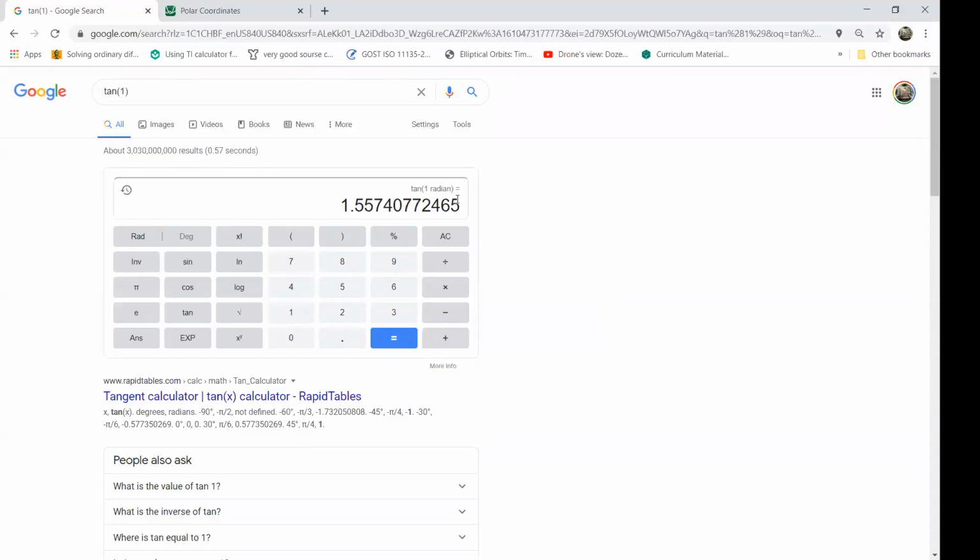Using any calculator, or online calculator, if you type tangent 1, it calculates tangent 1 for you, which is 1.5574. As you can see, a lot of decimals are involved. But the most important part is that tangent of 1 is a positive number. Okay, let us get back to the board.